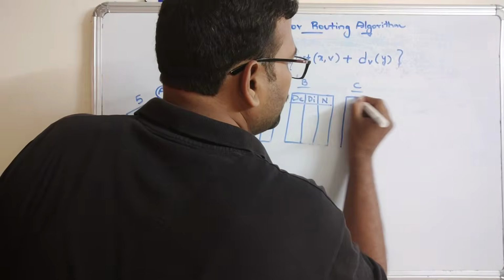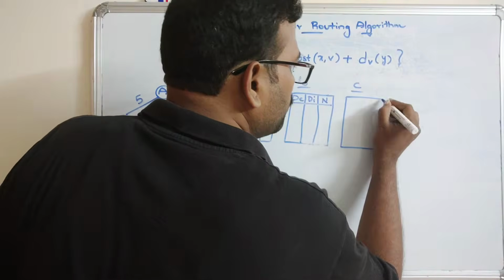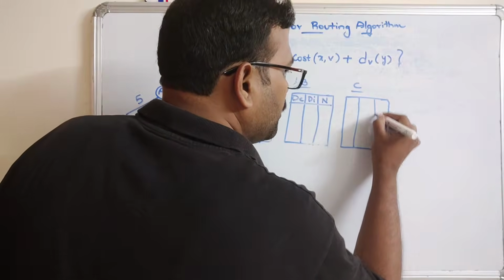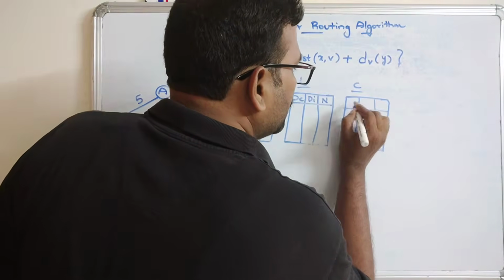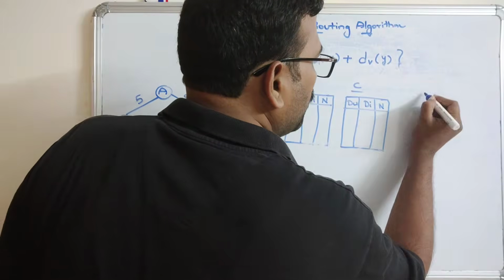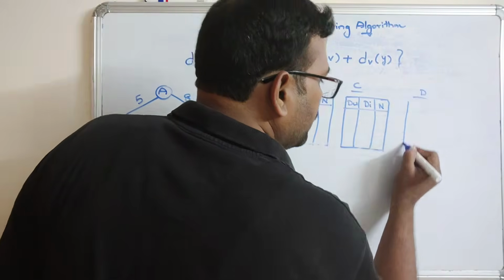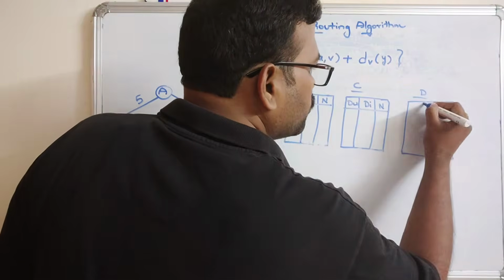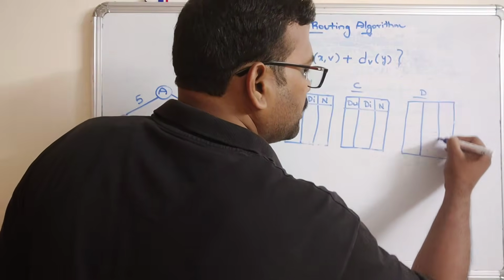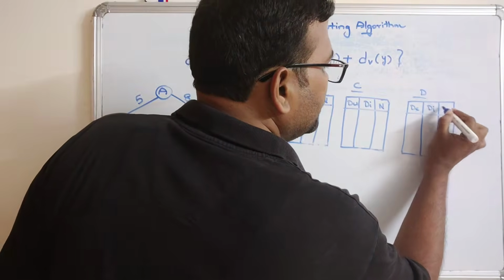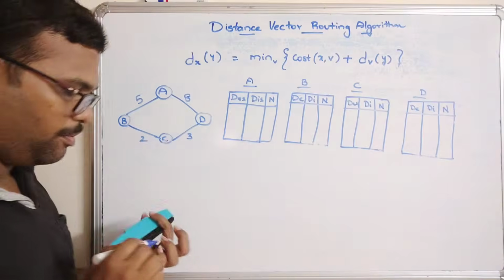Node C will also maintain the same thing: destination, distance, and next hop. And router D will also maintain the complete information of destination, distance, and next hop.